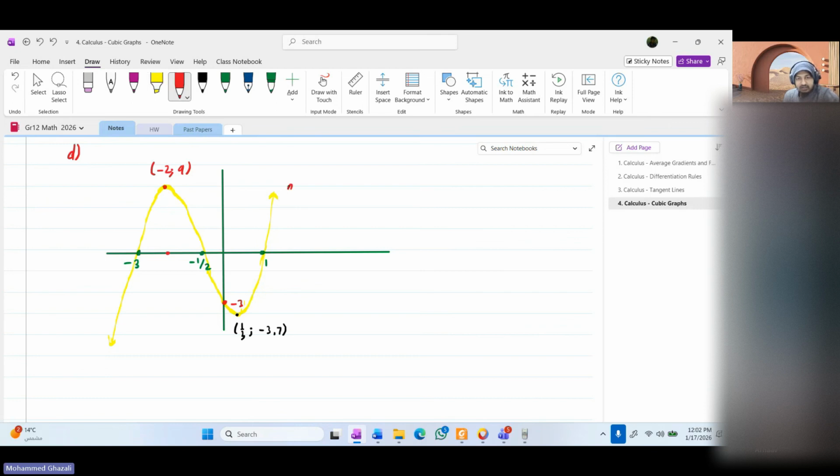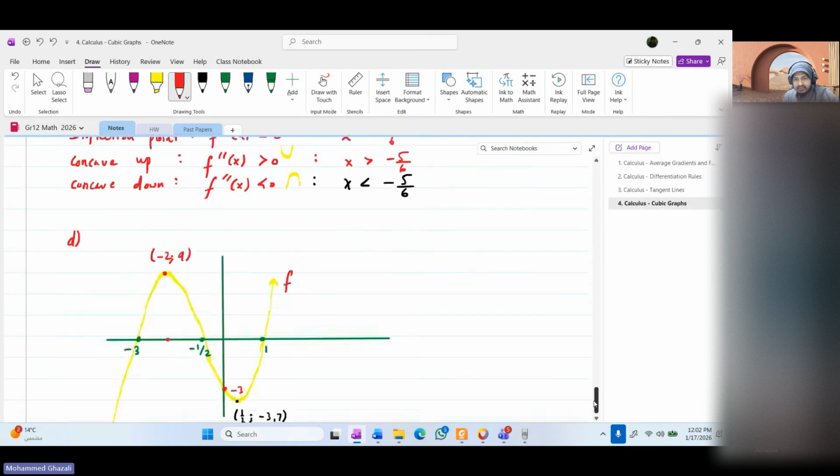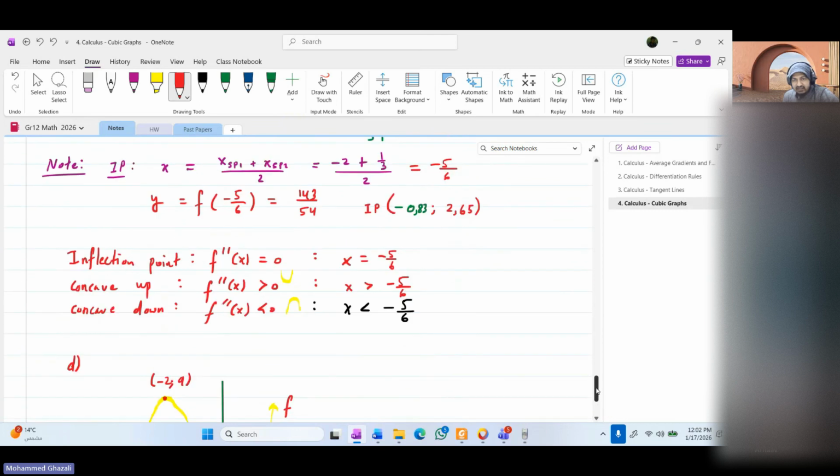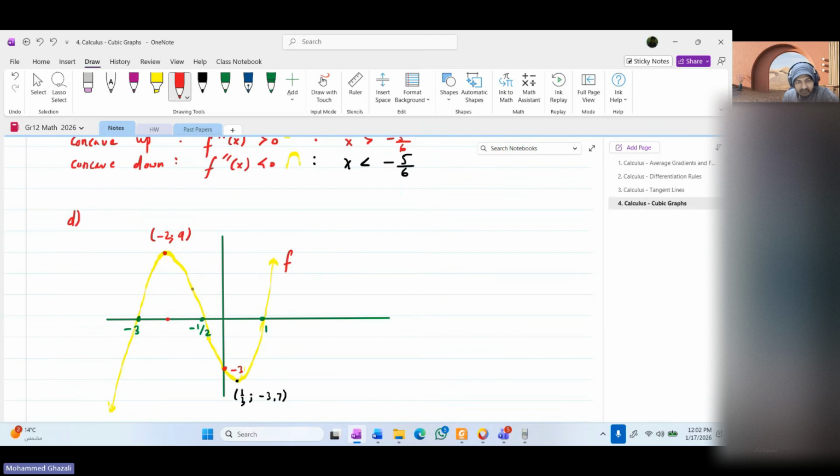Right, so this is my graph of f. And remember, we also found an inflection point. Inflection point was at -0.83 and 2.65. So it's somewhere around here. That's where the inflection point is. Okay. So we're going to represent that as the inflection point.